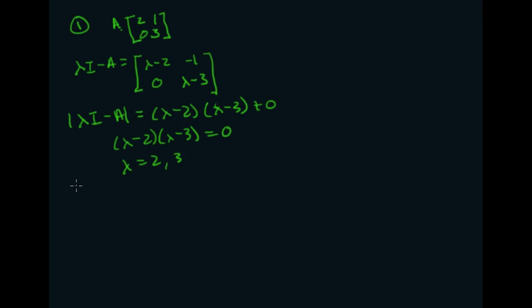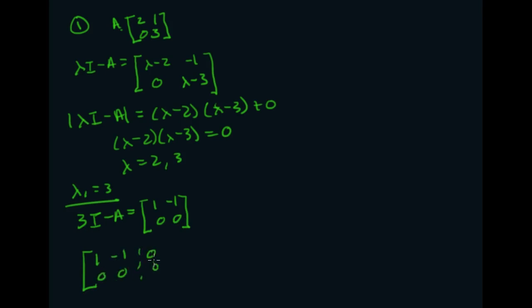Now, I think I made lambda 1 equal to 3. And if you look at what happens, if you take 3I minus A, you get 1, negative 1, 0, 0. We want to throw that into Gauss-Jordan, which doesn't do anything. When you put that through Gauss-Jordan, you're going to get 1, negative 1, 0, 0 back.